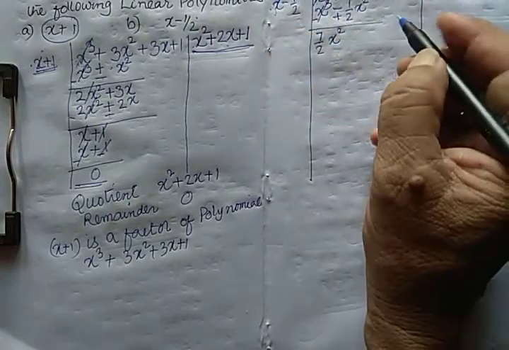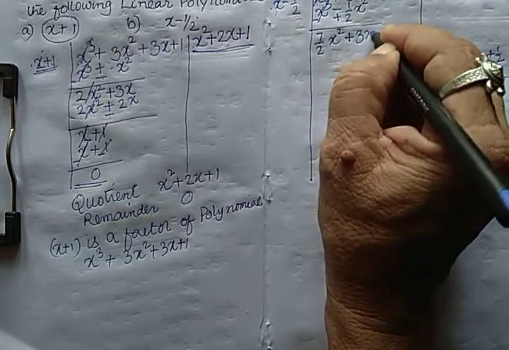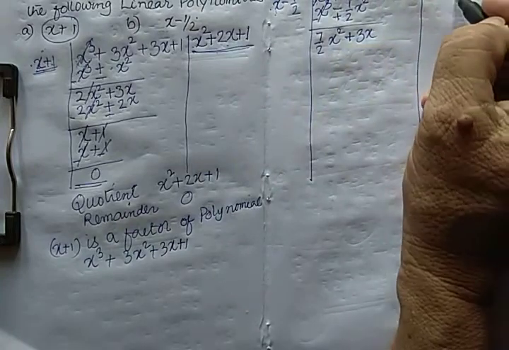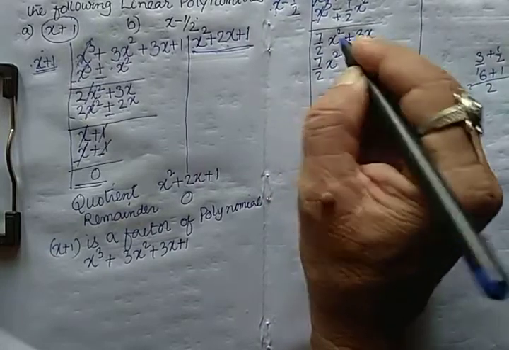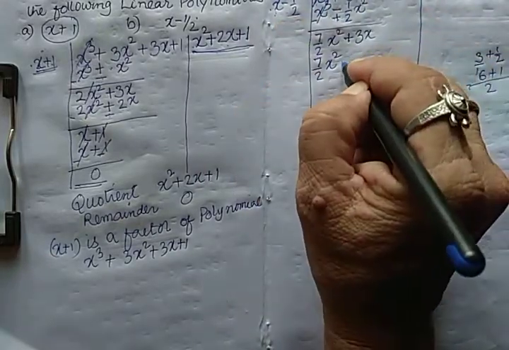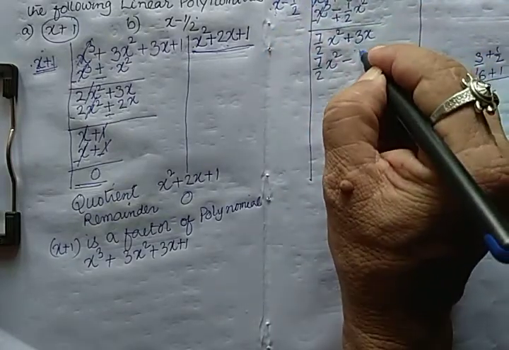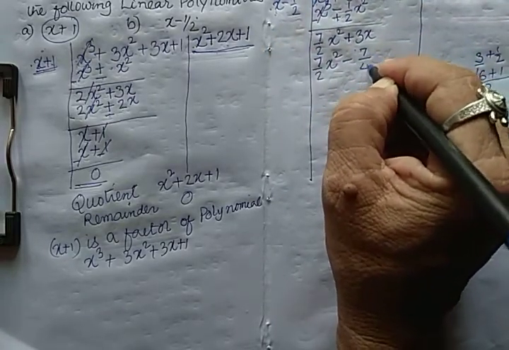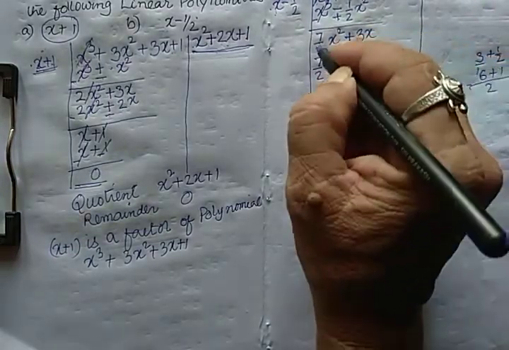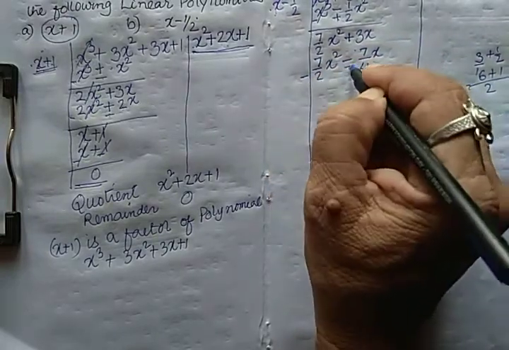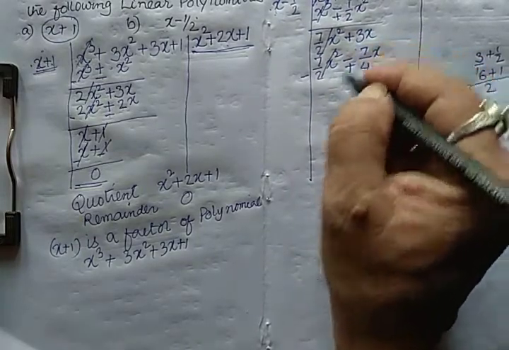Let us multiply, and you have to bring down this 3x. 7 by 2 x into x, 7 by 2 x square. Plus into minus, minus. 7 by 2 into 1 by 2, 7 by 4 x. Clear? Now you have to subtract. The signs change. So here what do you get?